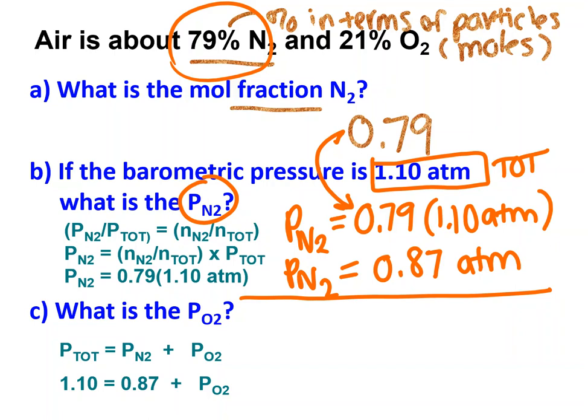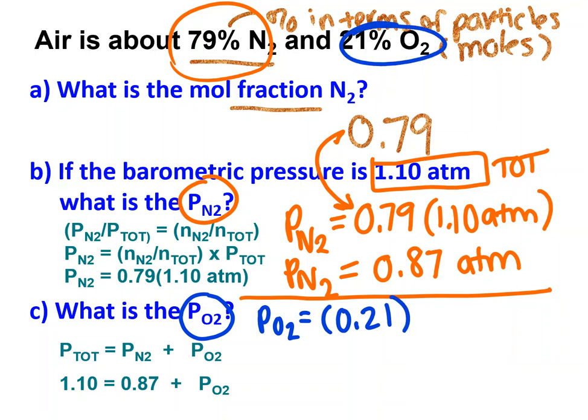Okay, C. What is the partial pressure of oxygen? What part of the pressure is due to oxygen? And there's more than one way you could do this. You could say the partial pressure of oxygen equals the mole fraction, because it was 21%, times the total, and get it this way.